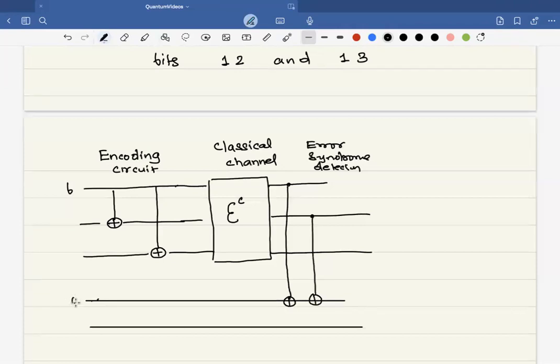So I'll start over here with a 0. So at the end of applying these two NOT gates, if the parity of the first and the second qubits, or not qubits, but bits, is the same, then we get a 0. If it's different, then we get a 1. So let's do the parity check also on the first and the third bits. So this will be the parity check on the first and the third bits.